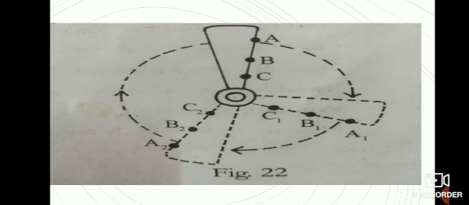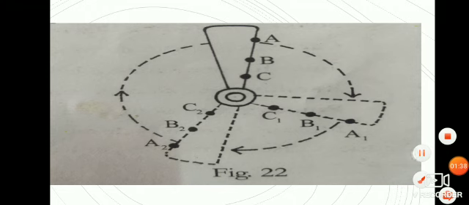Children, now we see rotatory motion with an example. Let us examine motion of blades of a ceiling fan. Consider the blade of a rotating ceiling fan drawn below.